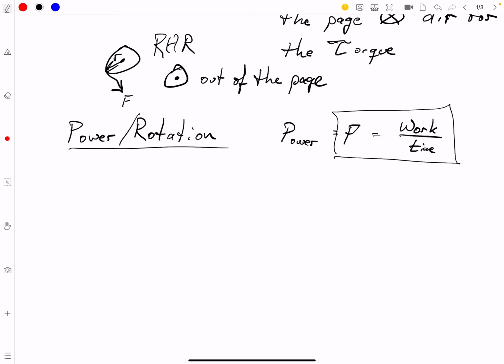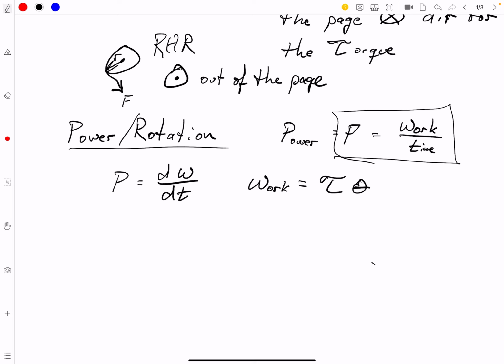So power is equal to dW over dt. And rotationally, we know that our work is equal to the torque times theta.